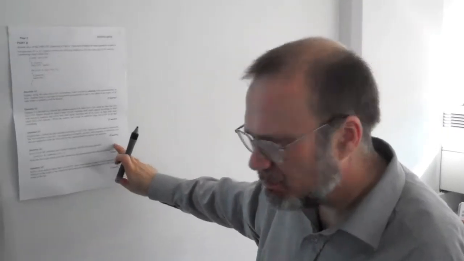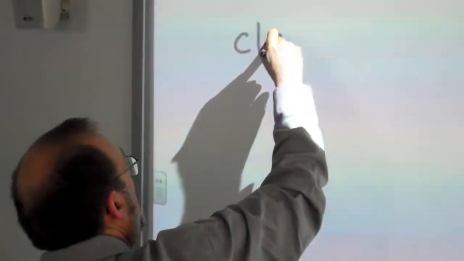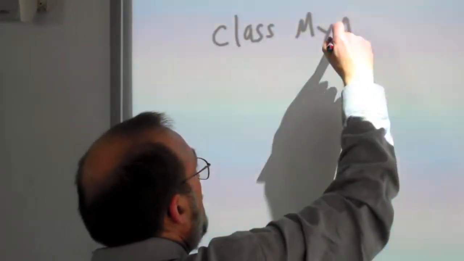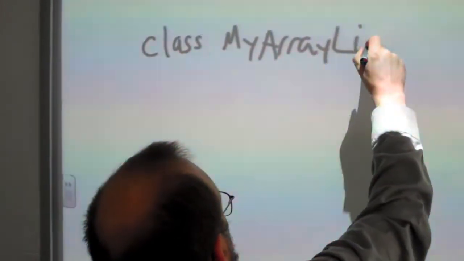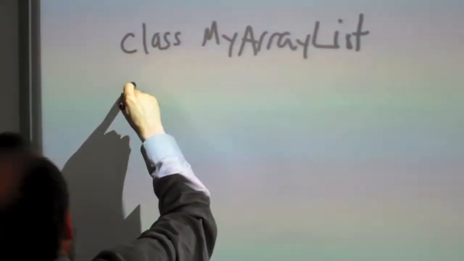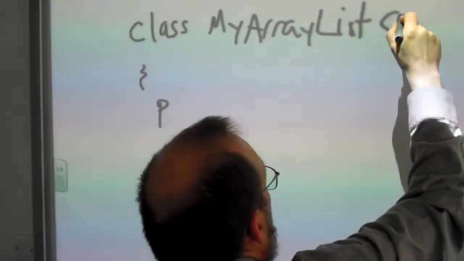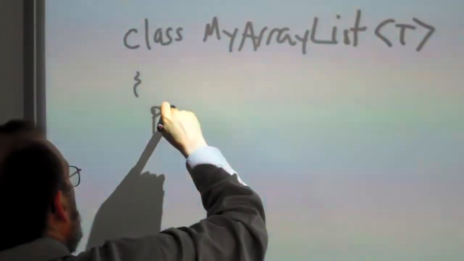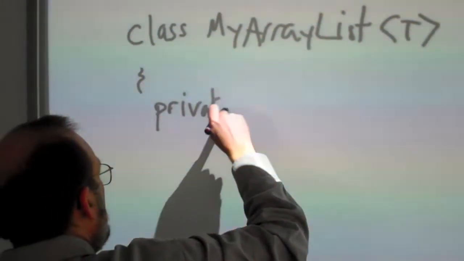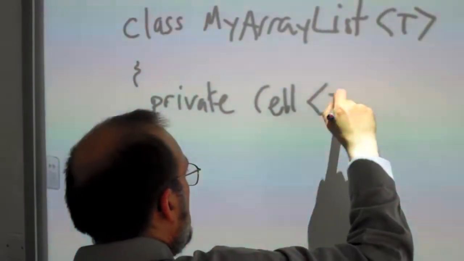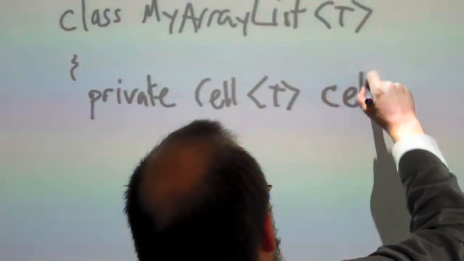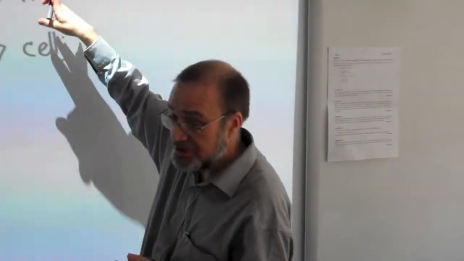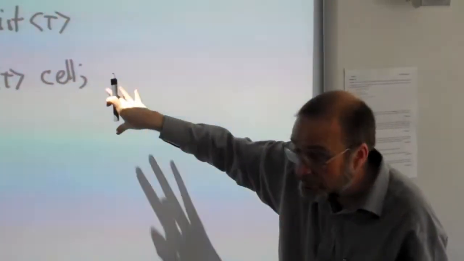Okay, so now let's think how we would tackle the actual code writing aspect of this problem. But let's remember the structure that we're in. We're writing this inside a class array, my array list, and it's got its own field cell.